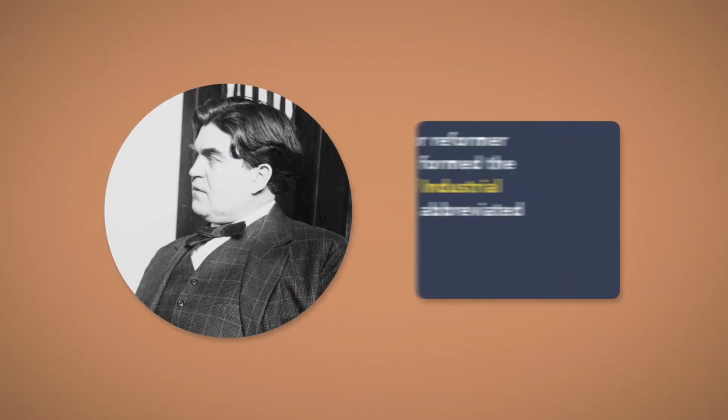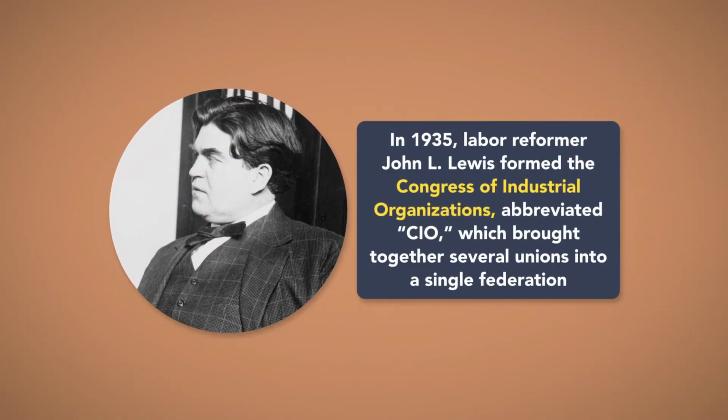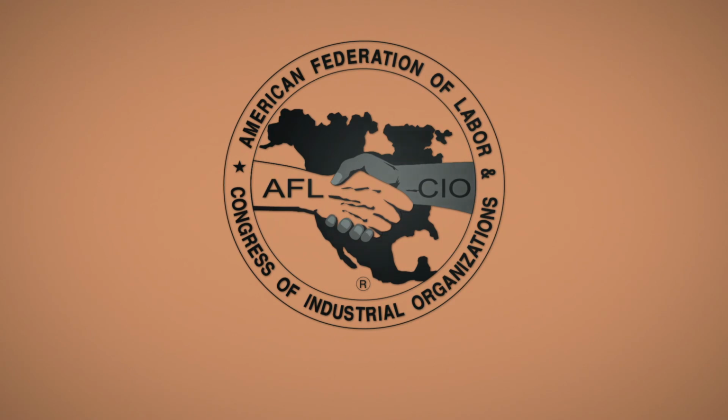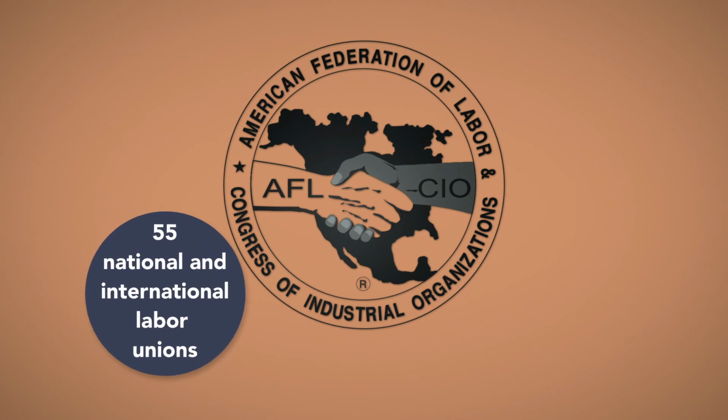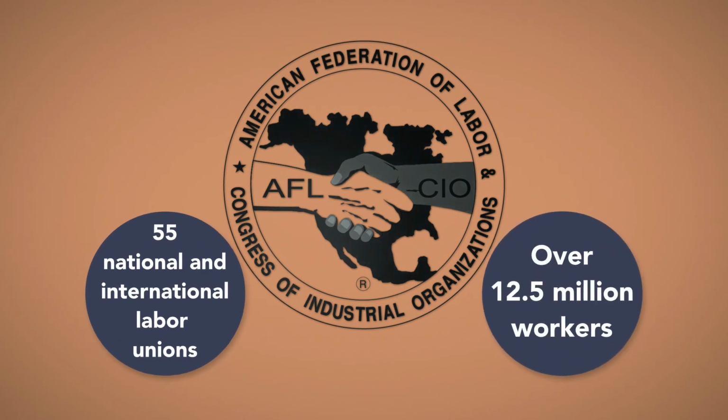In 1935, labor reformer John L. Lewis formed the Congress of Industrial Organization, abbreviated CIO, which brought together several unions into a single federation. In 1955, these two federations merged to become what is now known as the AFL-CIO, which currently represents 55 national and international labor unions consisting of over 12.5 million workers.